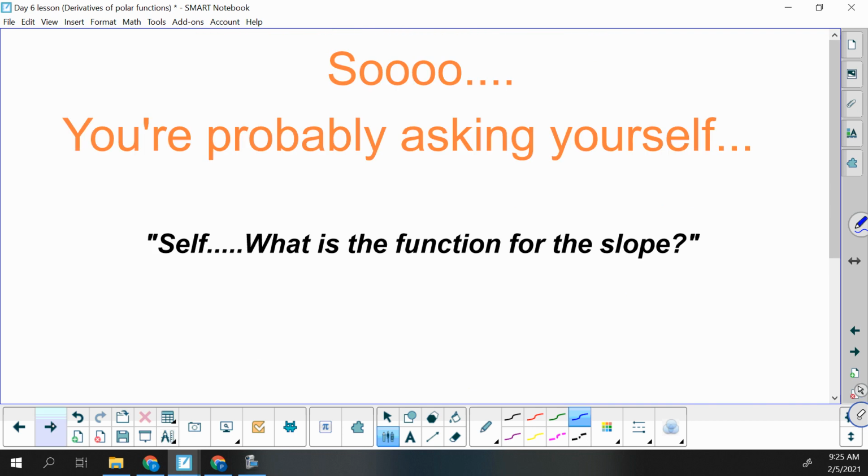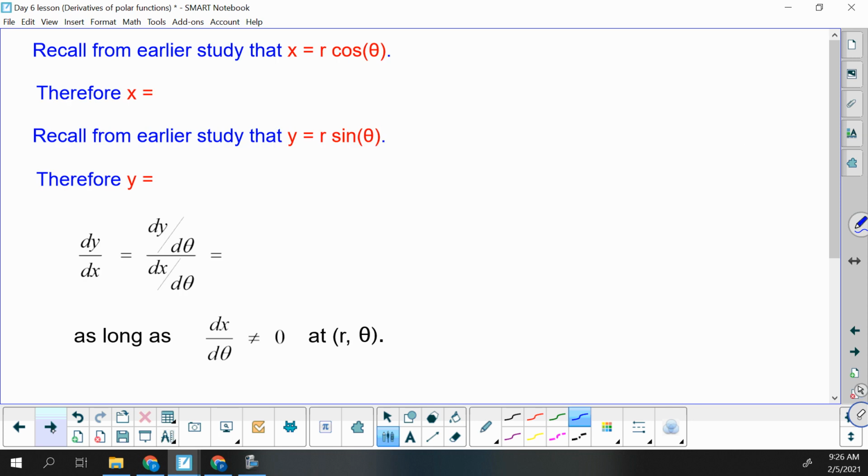So you're probably asking yourself, what function is it for the slope? Well, let's go back to the idea that x is equal to r cos theta.